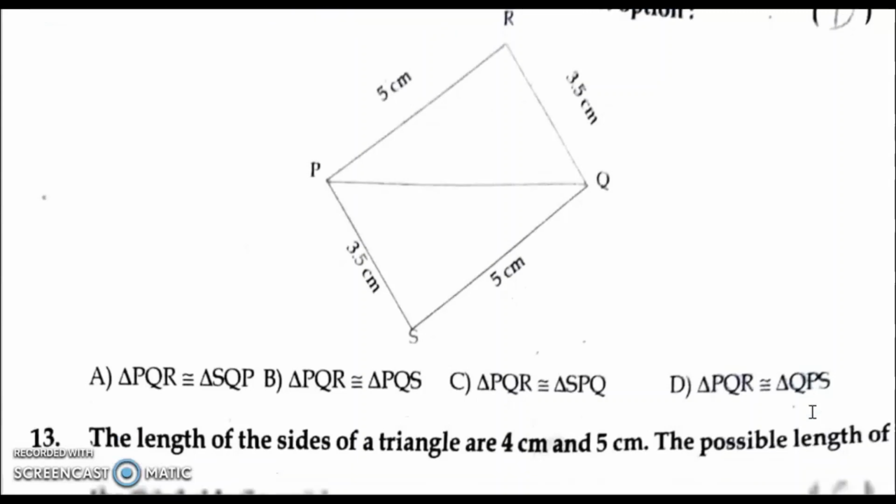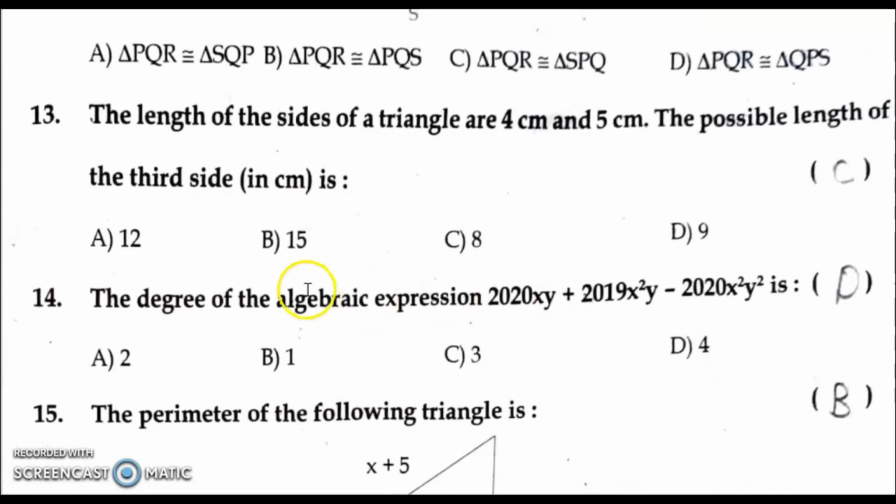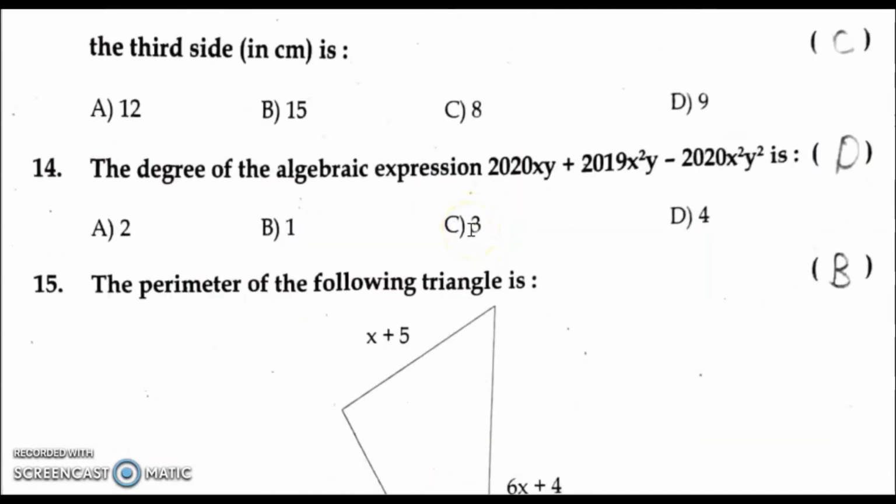The lengths of two sides of a triangle are 4 and 5 cm. The possible length of the third side in cm is 8. C is our correct answer.